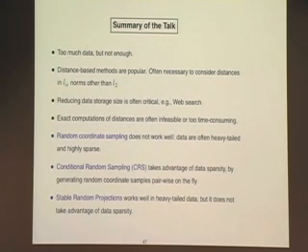If you do random coordinate sampling by taking random samples of columns, it does not work too well because data are heavy-tailed and highly sparse. Conditional random sampling is a simple trick which takes advantage of data sparsity by generating the random coordinate samples pairwise on the fly. And stable random projection works really well in heavy-tailed data, but does not take advantage of data sparsity. So this is all I want to say.